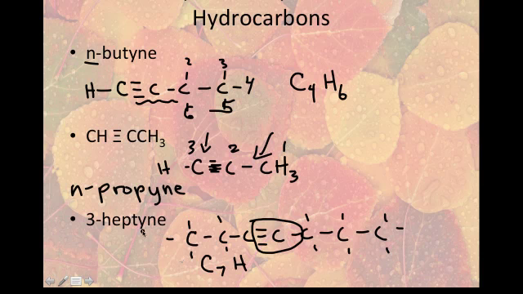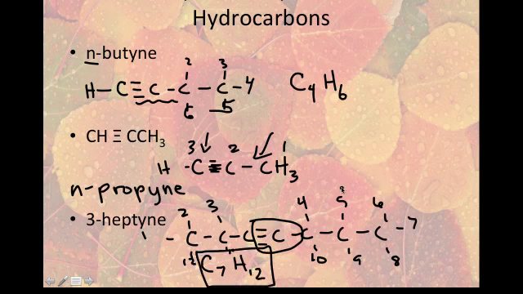I have 1, 2, 3, 4, 5, 6, 7, 8, 9, 10, 11, 12 hydrogens in that formula. So there's my chemical formula that doesn't give much information about the molecular structure. It's simply telling me the lowest whole number ratio of atoms in this compound.